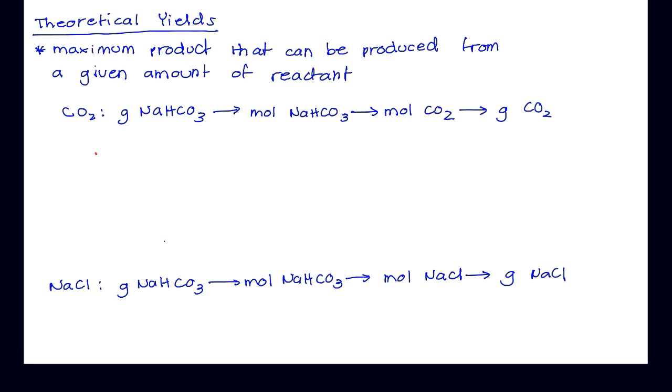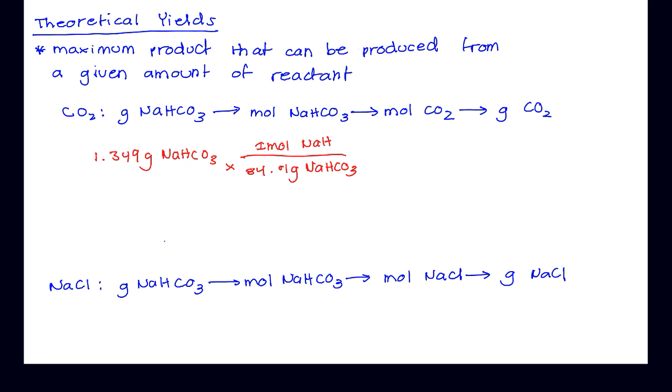So for both cases, we're starting with 1.349 grams of sodium bicarbonate. So always what we weighed out at the very beginning of the reaction. We want to make these cross cancel, so we want the molar mass on bottom, so 84.01 grams of sodium bicarbonate for every 1 mole of sodium bicarbonate.